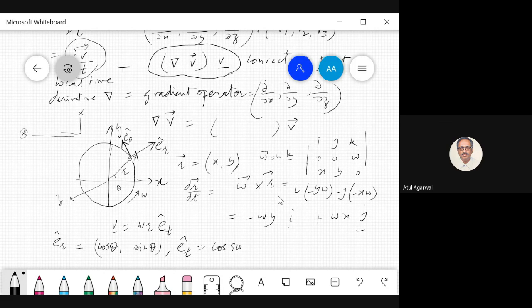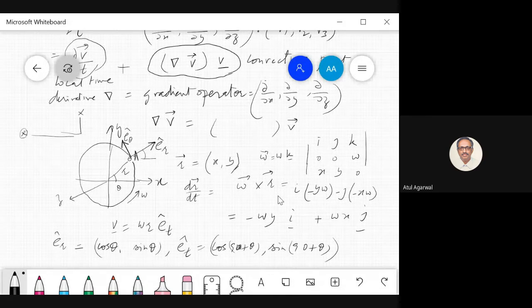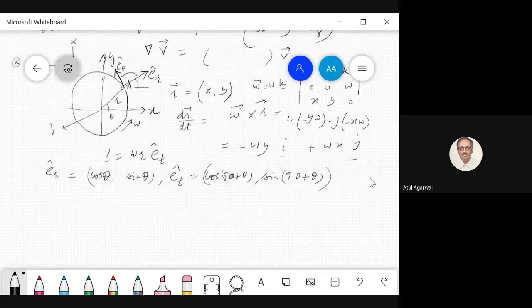Cos 90 plus theta, sin 90 plus theta. This angle is theta. This is further 90 degrees, so 90 plus theta. So this becomes minus sin theta, cos theta.